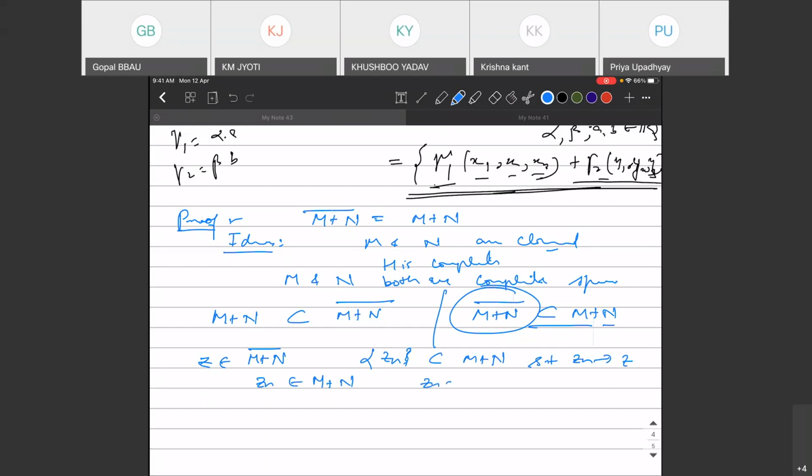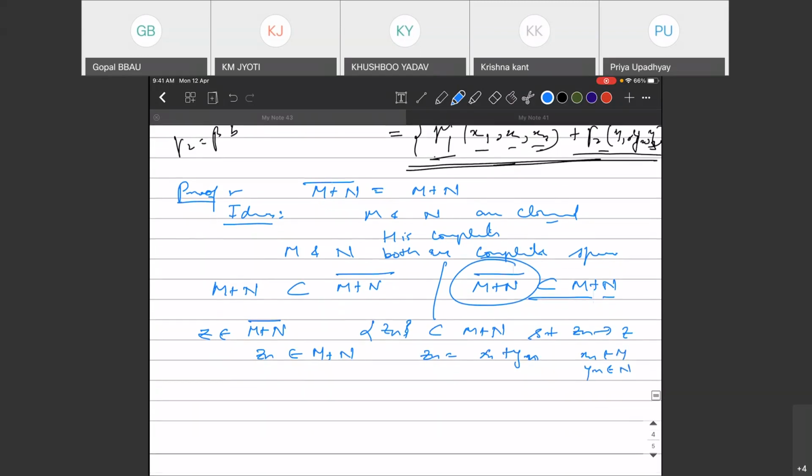So this means Zn can be written as a sum of two elements, one coming from M and one coming from N. Okay, say Xn comes from M, Yn comes from N.